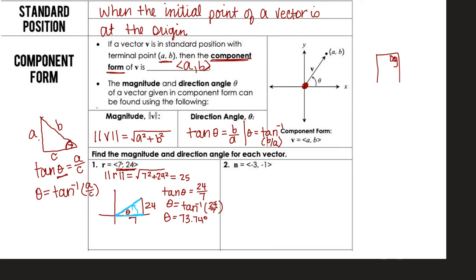Now let's try number 2. Let's go through number 2. And right quick, let's go through and find the magnitude.